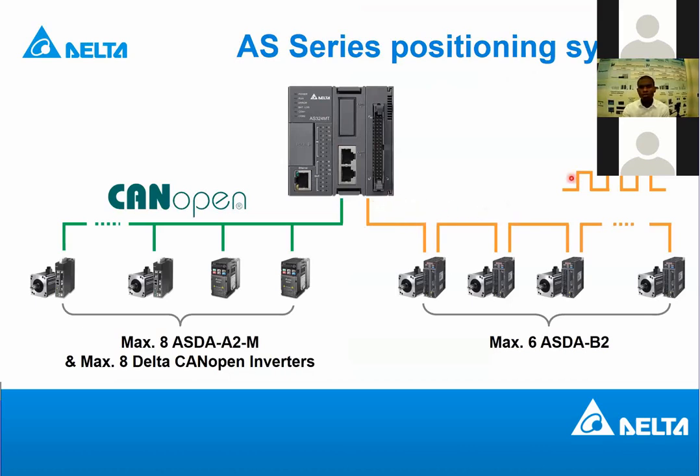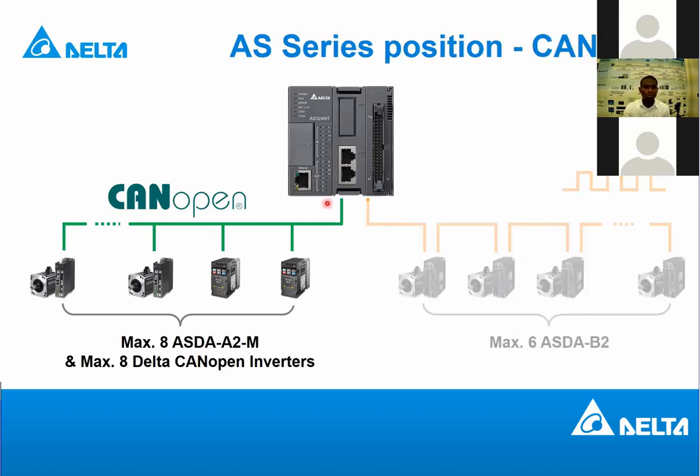So you can use pulse train to control your drive for your motion application, and you can also use CANopen. When you use CANopen, you have more flexibility, because CANopen can control more slaves, more drives, compared to pulse train. But in this training, we are going to focus on CANopen.